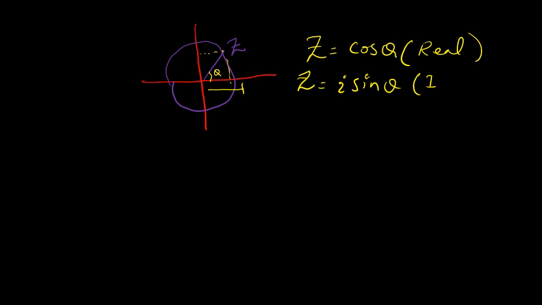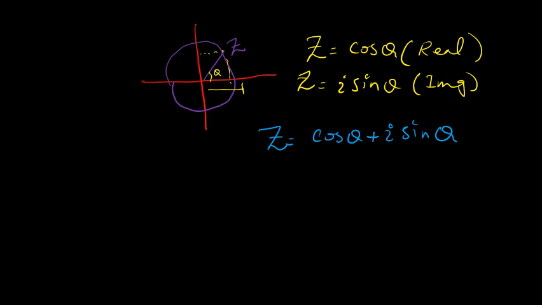So we can write z equals cos theta plus iota sine theta.